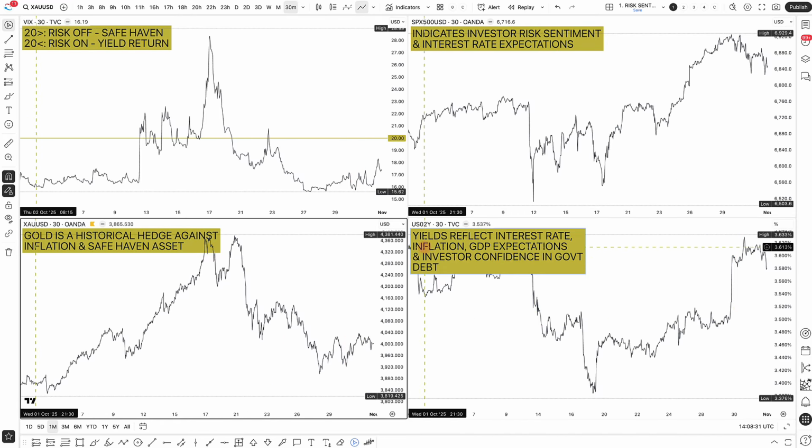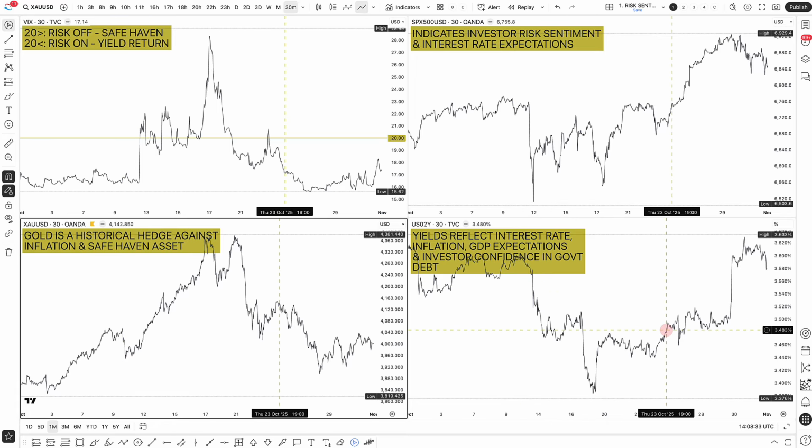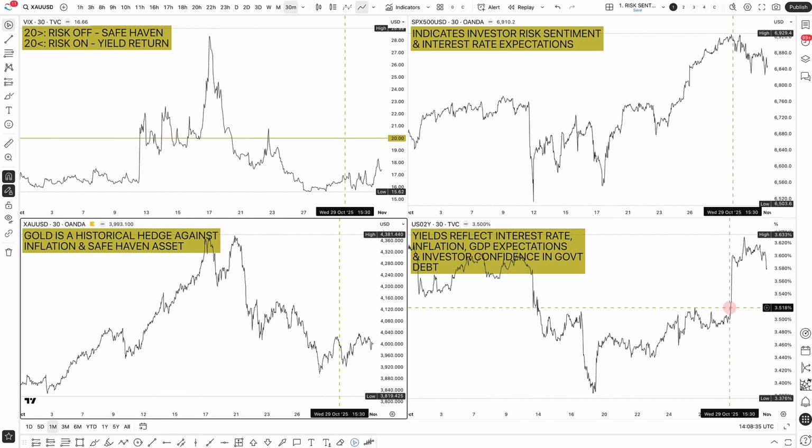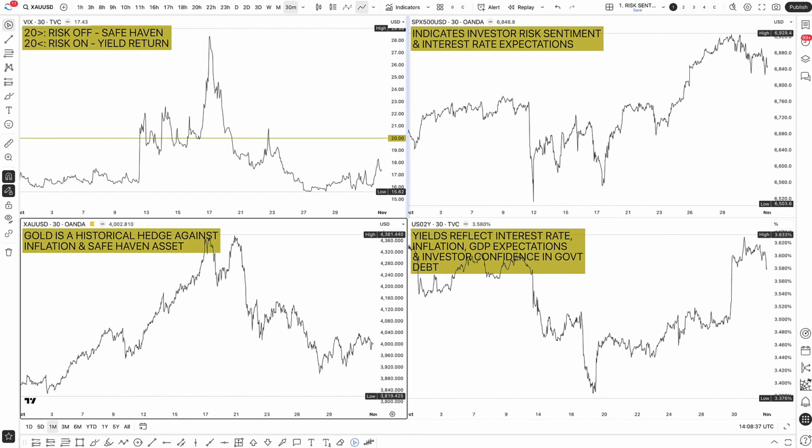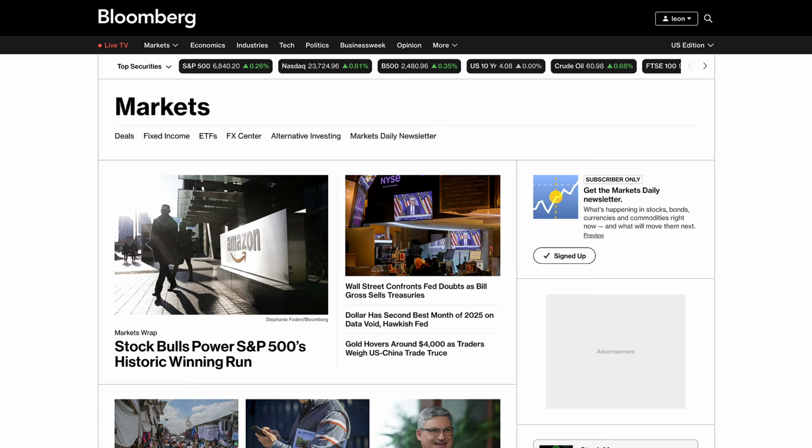When it comes to risk sentiment, we can see that risk is more on than off. Looking at the headlines and front pages of the main news publications, there's no real central theme when it comes to any kind of risk off sentiment or events.